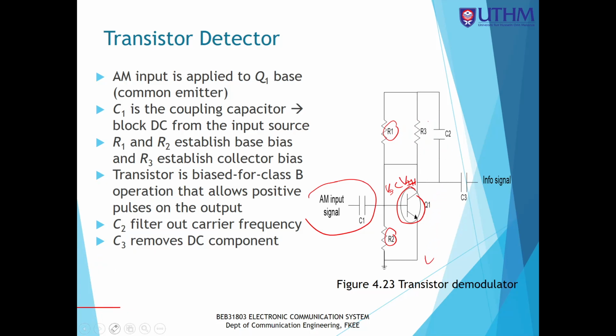So what happens is that this RC tank circuit will discharge. And this capacitor C3 will remove the DC voltage, and the output wave will be centered at the x-axis.